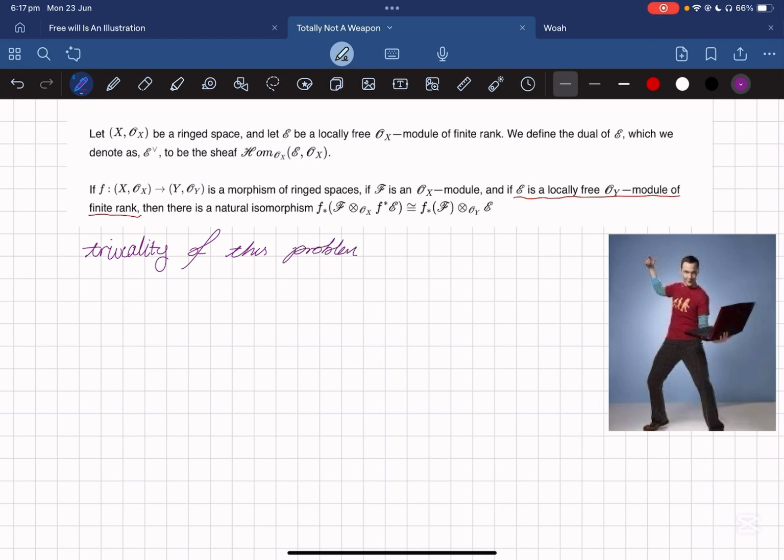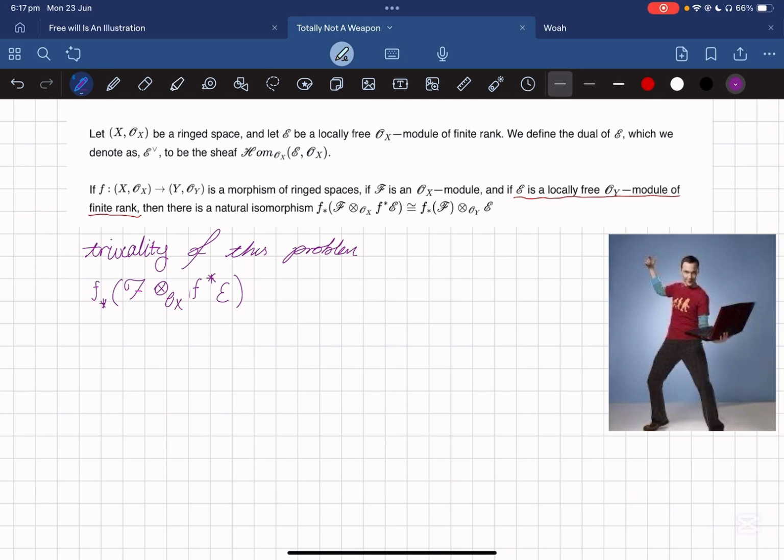So, I'm going to rewrite the formula here, but with what we found E to be isomorphic to, which in this case is the sum of Y-modules.